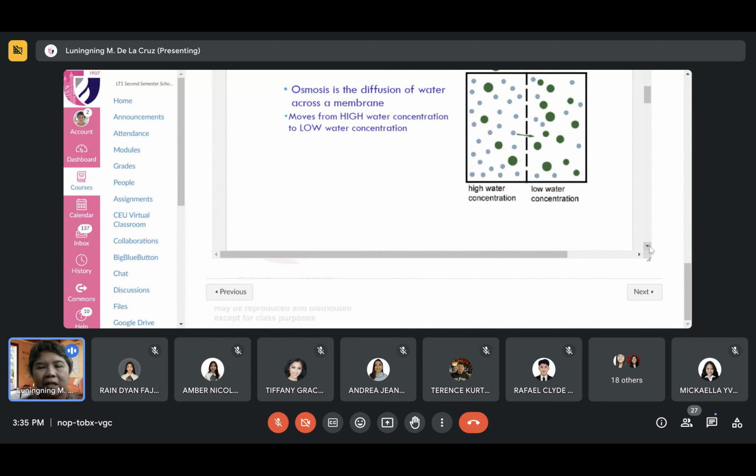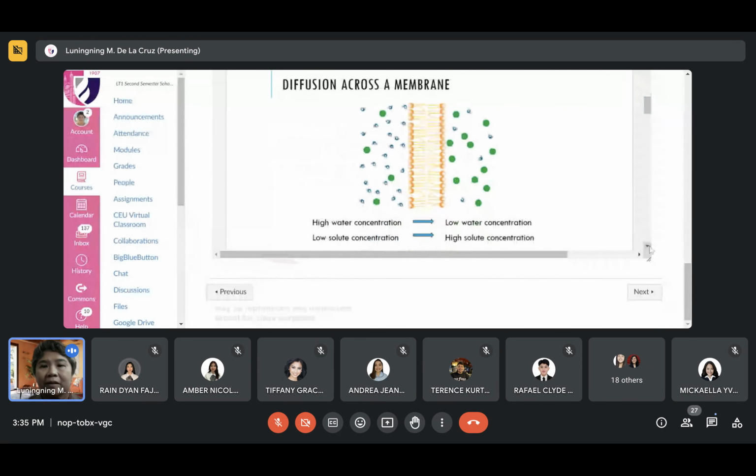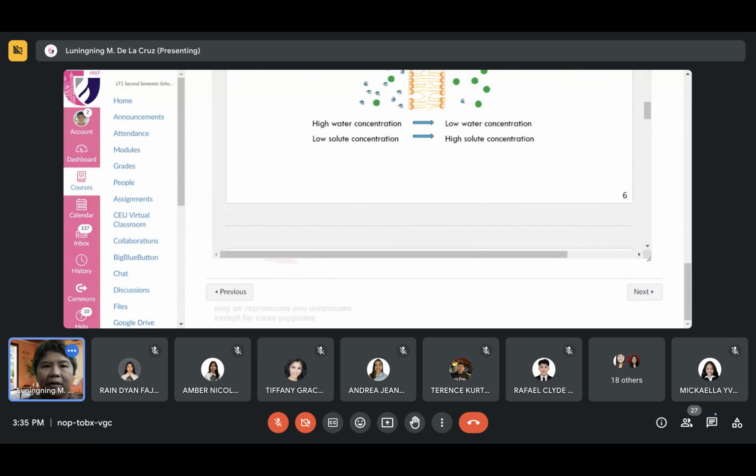Now, do you know, class, that it is not good to drink distilled water? It is not good to drink distilled water because it may cause bloating in our cells. Distilled water is very pure, it has no salt, so it is an area of high water concentration.